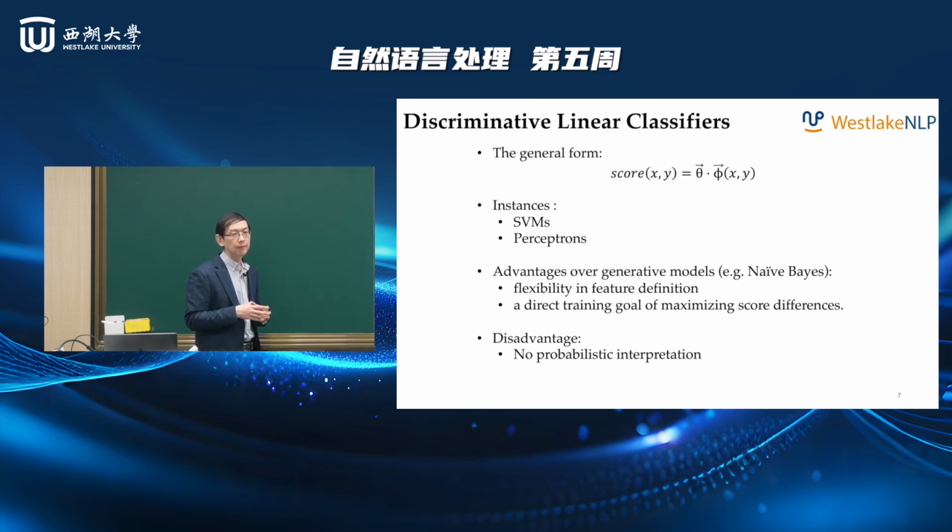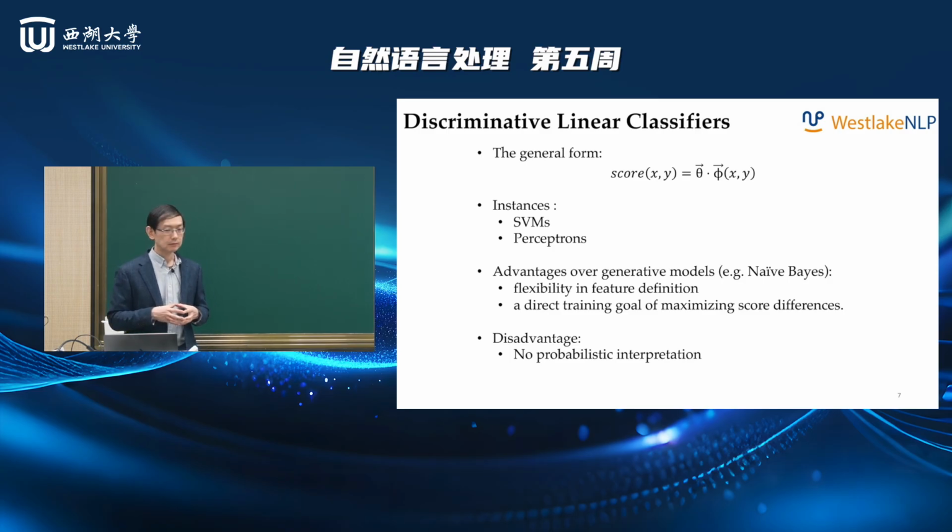But you don't know the meaning of absolute scores. For naive Bayes, the score is the probability. So if the probability of the input and output together is 0.5, you get an idea what it means.